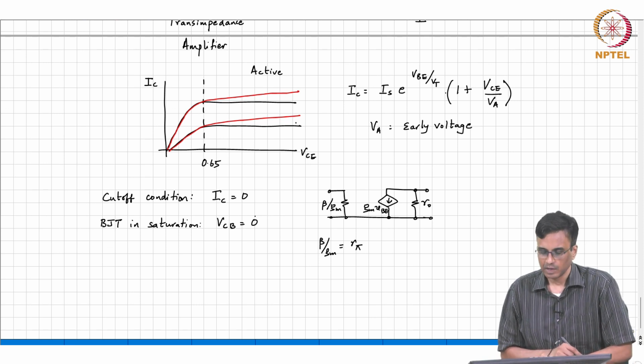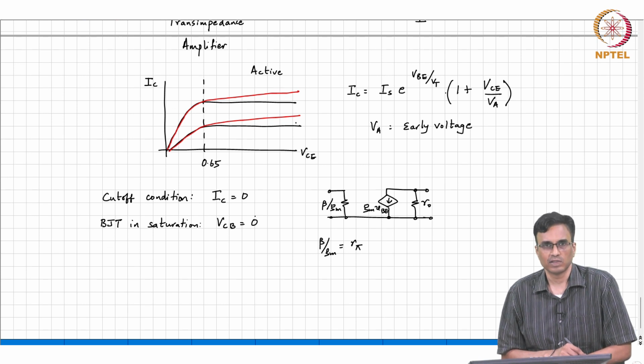Again as usual, if you see a big circuit, the procedure is very straightforward. You first find the operating point, replace every transistor with its incremental equivalent, and do the small signal analysis. Then you can find the total voltage everywhere, the total current everywhere, and then to find the cutoff condition for a given transistor, you set IC equal to 0.